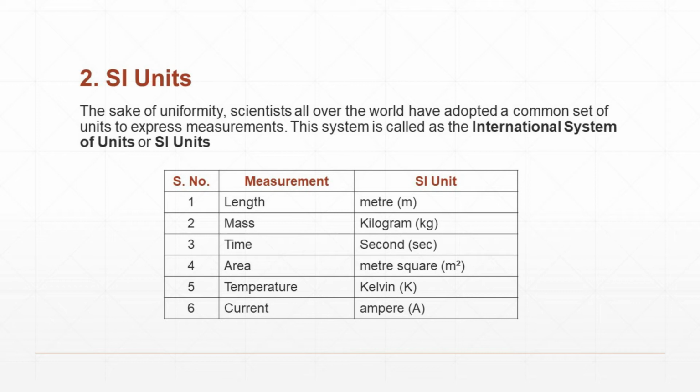Some of the SI units are given in this tabular column. Length, meter. Mass, kilogram. Time, second. Area, meter square. Temperature, Kelvin. Current, ampere. These are the SI units for these quantities.